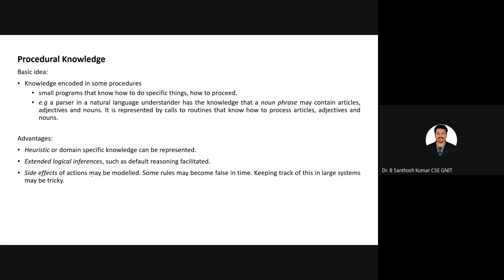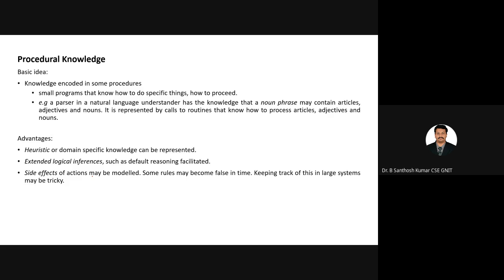Then the next one is procedural knowledge. The basic idea is that knowledge is encoded in some procedures: small programs that know how to do specific things, how to proceed. For example, a parser for natural language understands, as knowledge, that a noun phrase may contain an article, adjective and nouns.